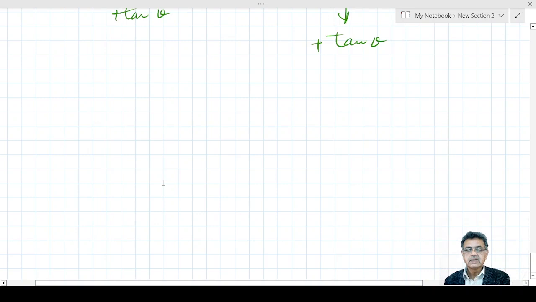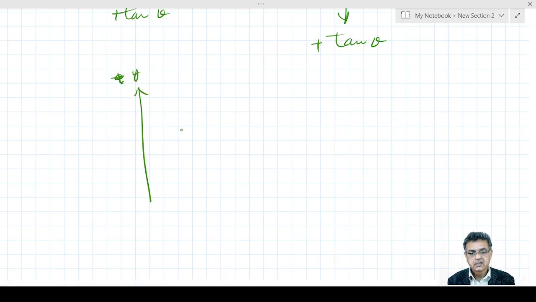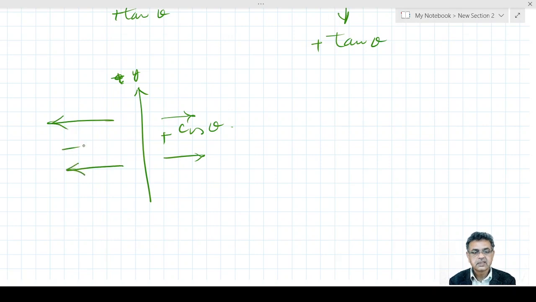So once again, just to revise quickly, if you consider a vertical line, not the y-axis, cos is positive on this side, and it is negative on this side.